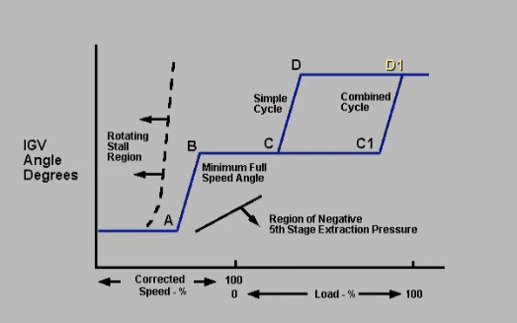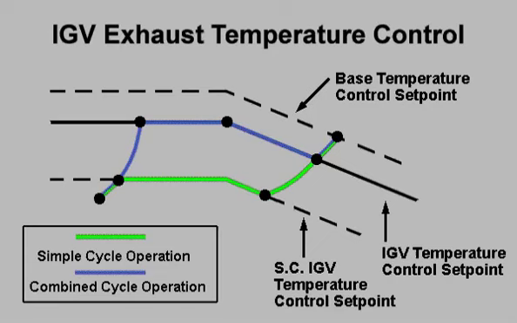This delay in reaching full open position means that the exhaust temperature will be higher at partial loads, allowing for better heat recovery steam generator operation. This graph shows how the exhaust temperature varies for simple and combined cycle IGV operation. Note that IGV temperature control never exceeds the base temperature control set point.